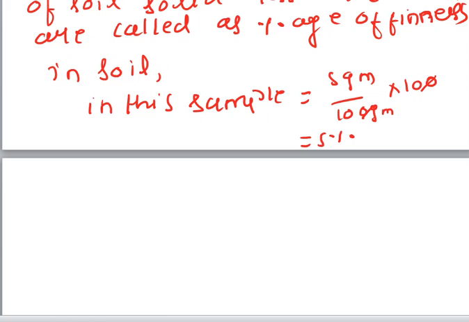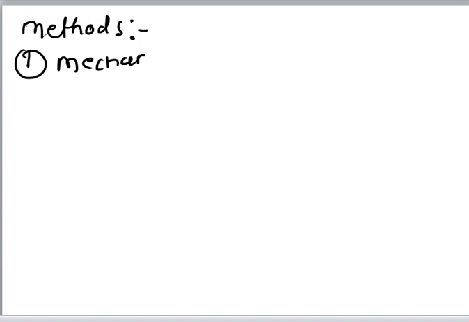So let's proceed towards the actual basic analysis method. How do we find the particle size distribution? There are two methods. The first method is for coarse grained soil, it is mechanical analysis.